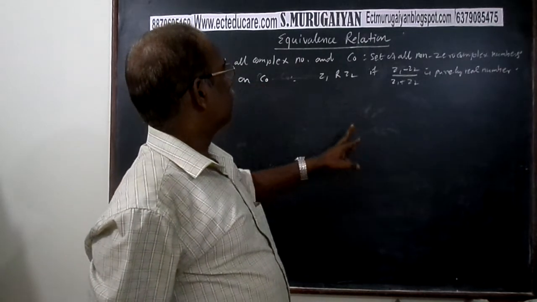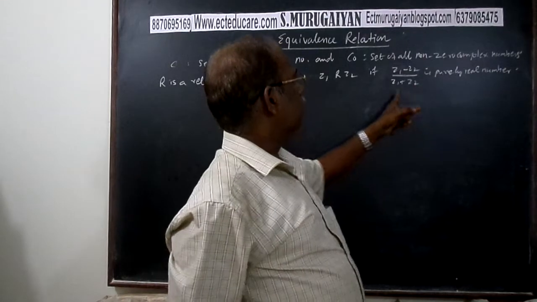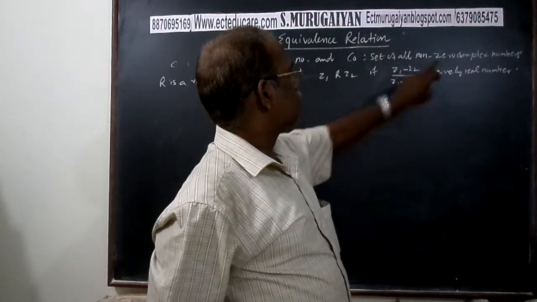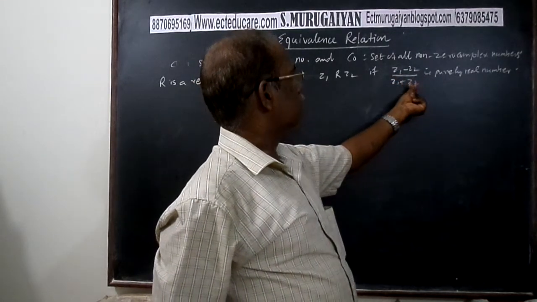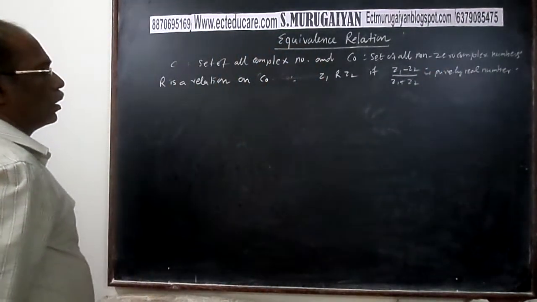So whenever the two complex numbers are in relation, this must be true: (Z1 minus Z2) divided by (Z1 plus Z2) is a purely real number.